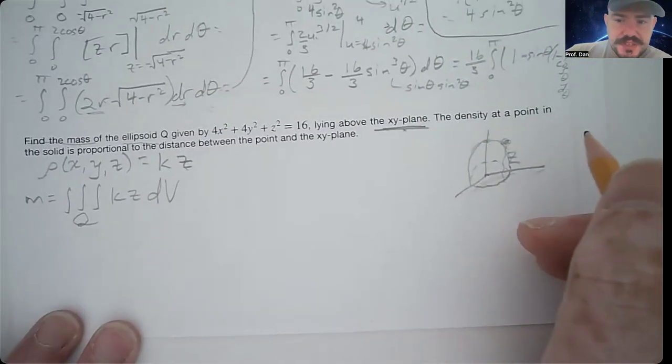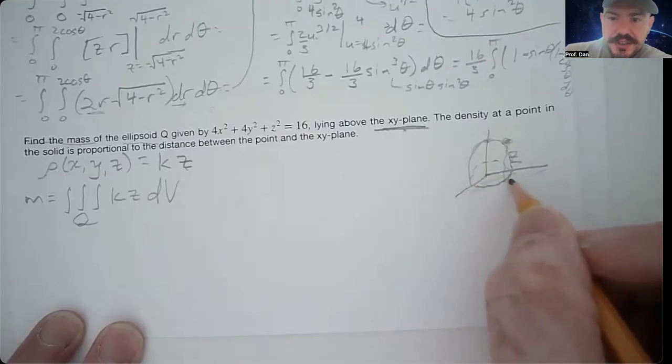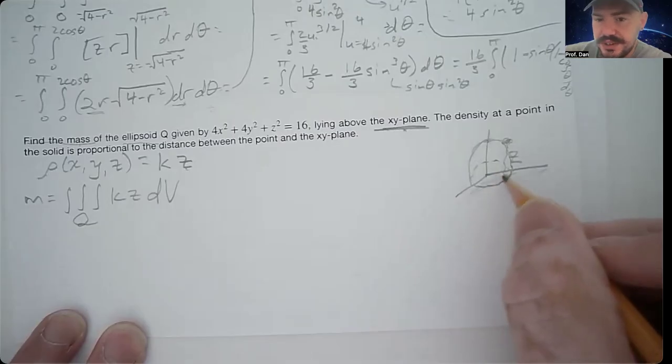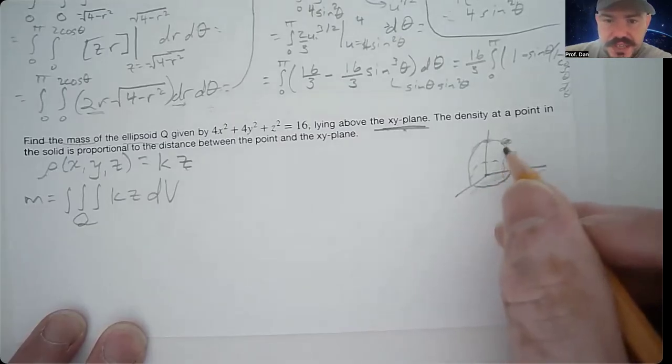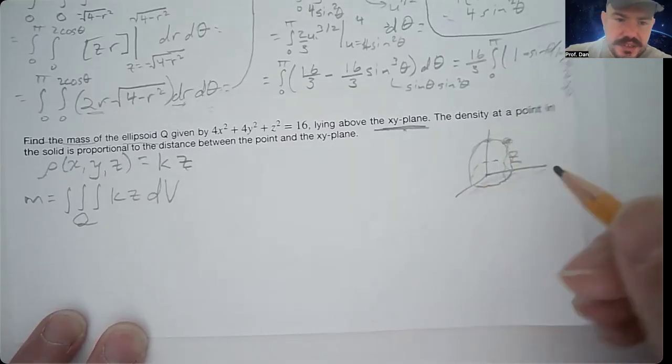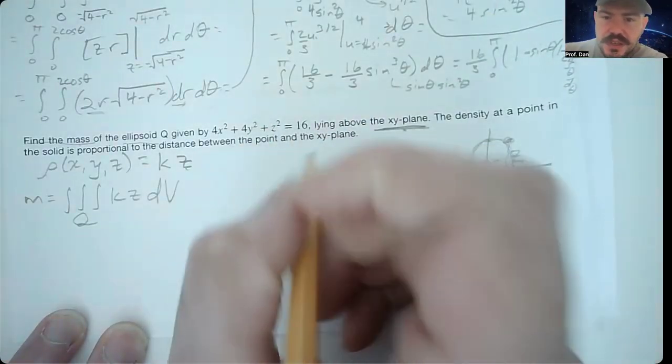So when I go to set up my cylindrical coordinates, remember the r and the theta are only going to apply to this circular piece, right? The z coordinate we already know is going to depend on what we get over here.